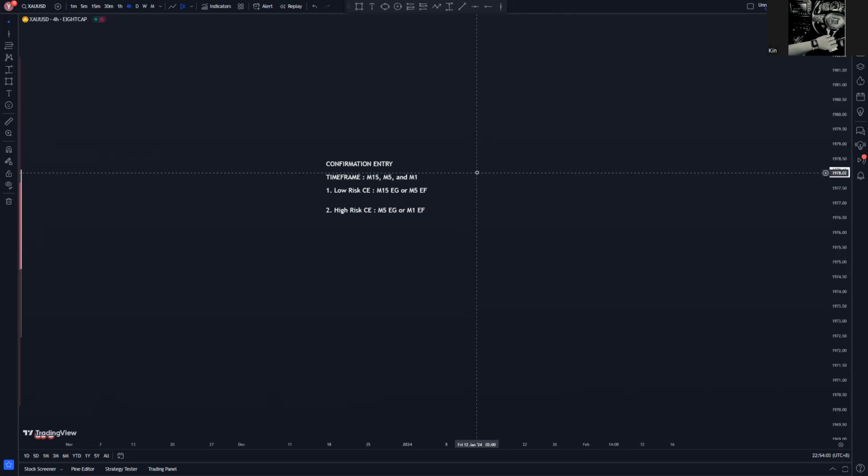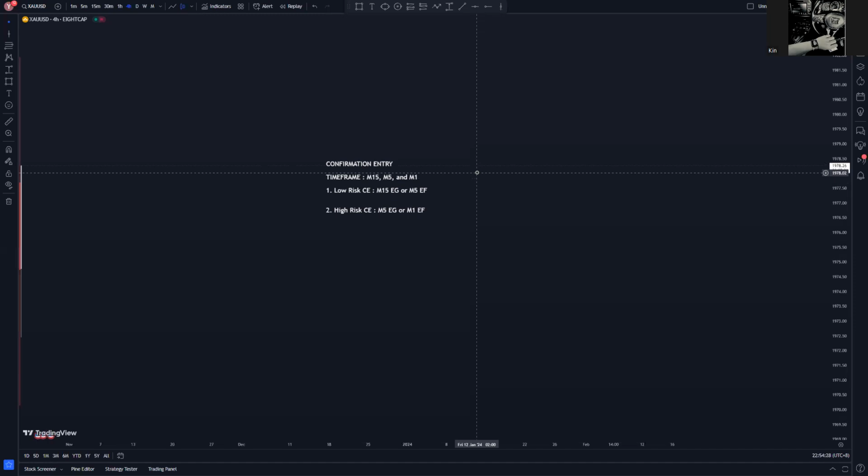M5 is the biggest time frame in this topic, so it's quite hard for that time frame to create an EG or an EF. Sometimes we just missed it.